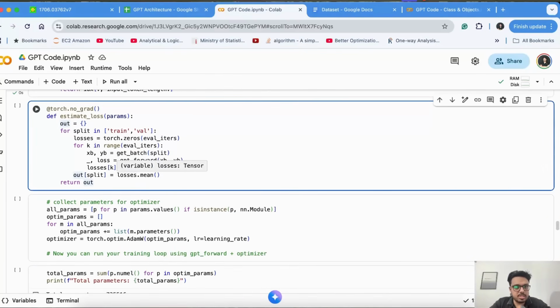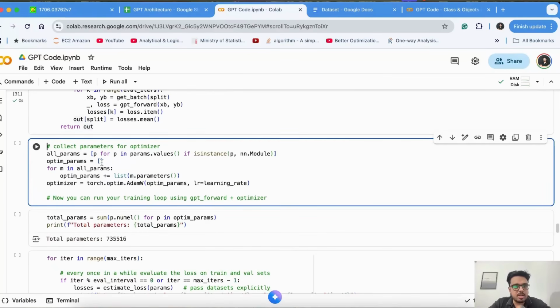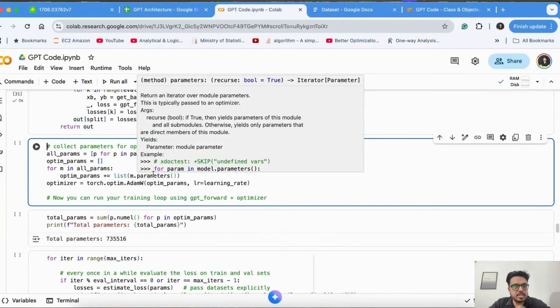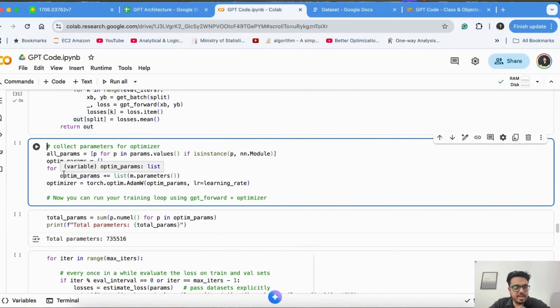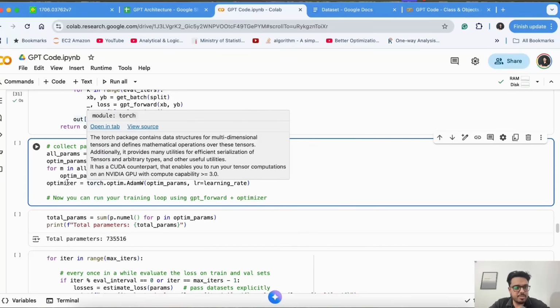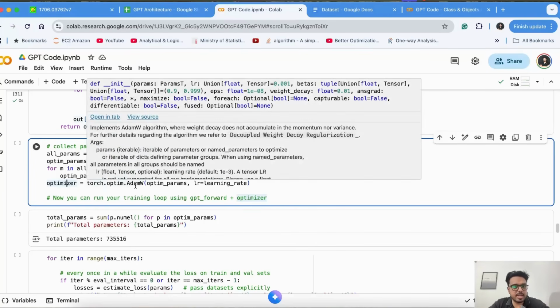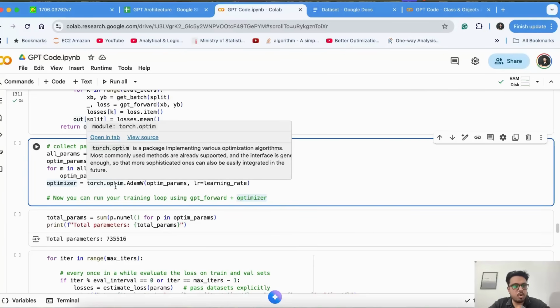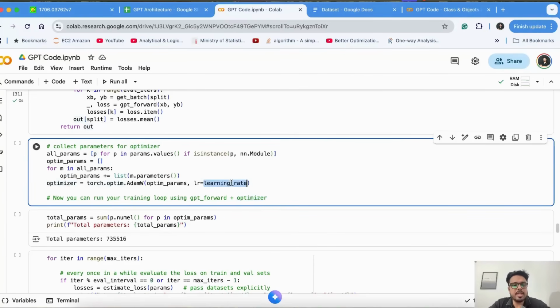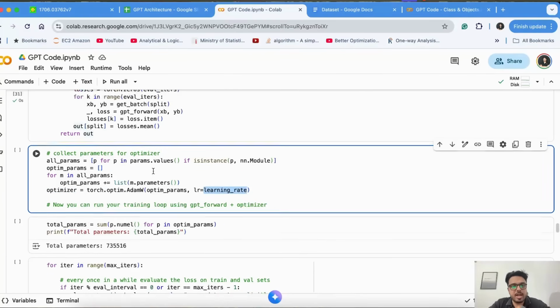So let's just run this. Here, all the parameters that we have created, we are just collecting them together and passing them on to the Adam Optimizer for the model to optimize these parameters. Adam Optimizer is one of the optimizing techniques that is used in model training. Learning rate is one of the hyperparameters.